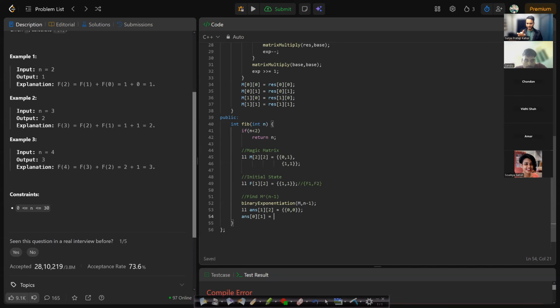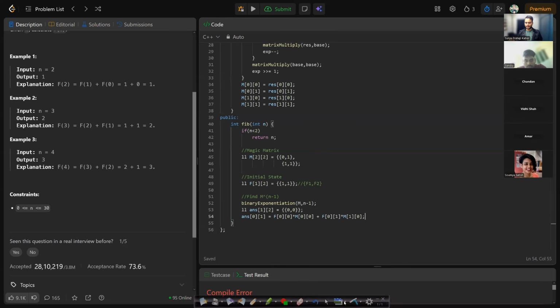Initial matrix, first column was F. F at 0, 0 multiplied by M at 0, 0, top left corner, plus F of 0, 1 multiplied by M of 1, 0.